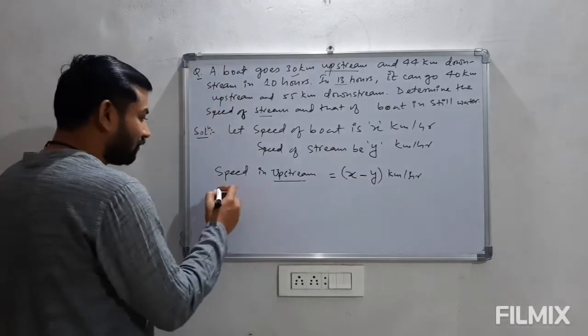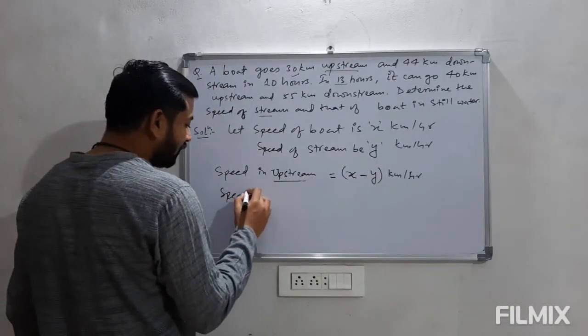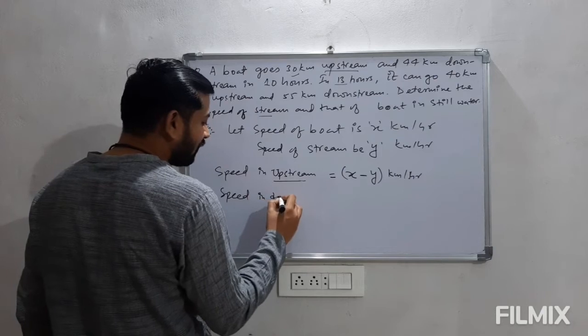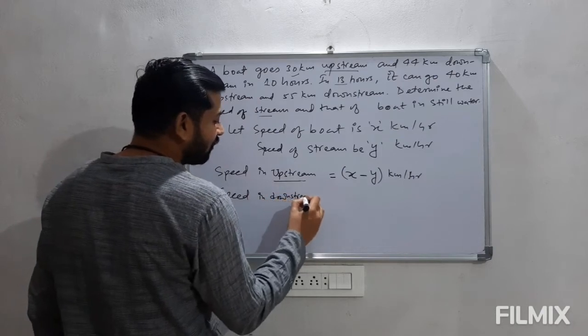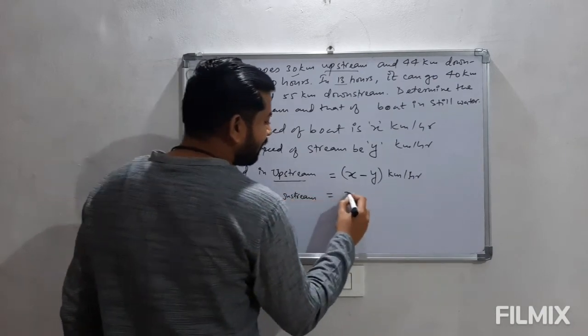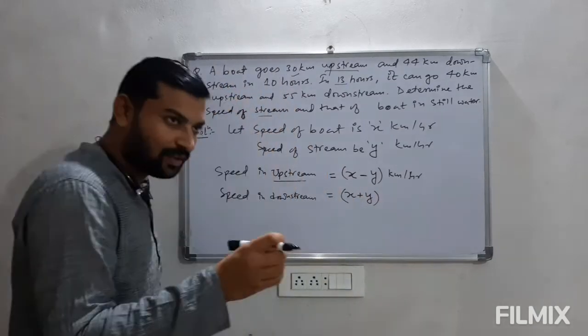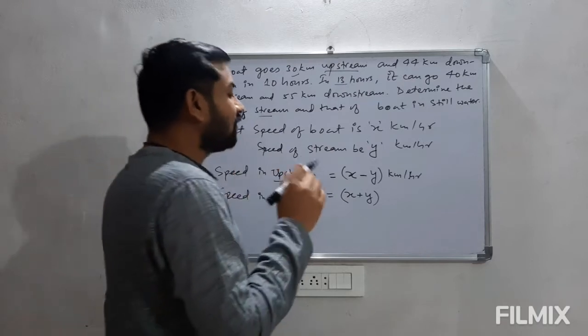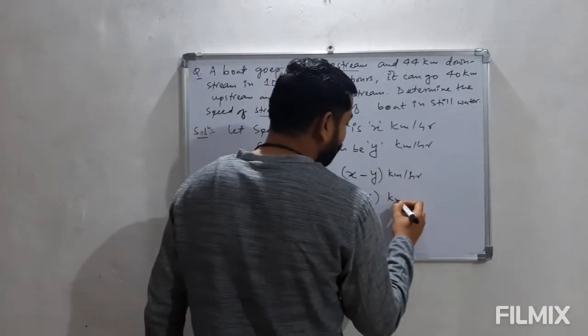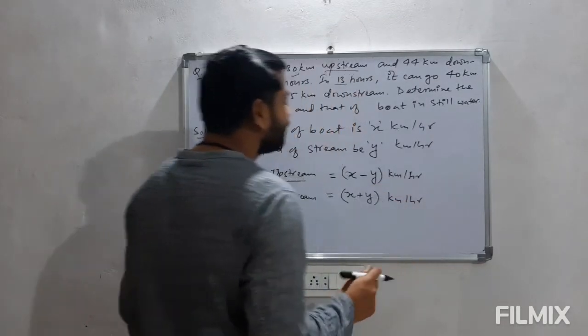This is the speed in upstream. Then in downstream, as I told you, there will be an advantage, we have two velocities, the speed of stream as well as the speed of boat, so the overall speed will be x plus y.